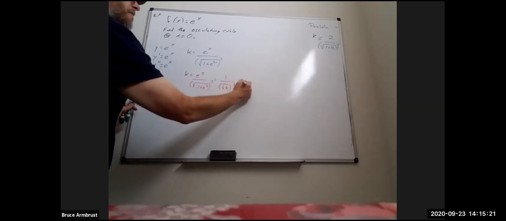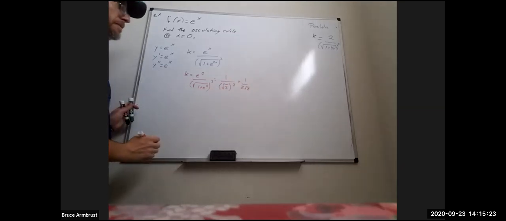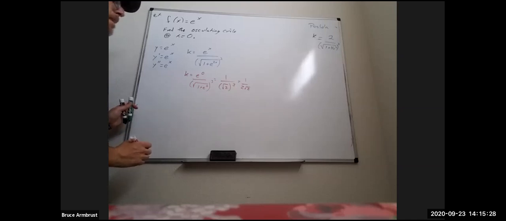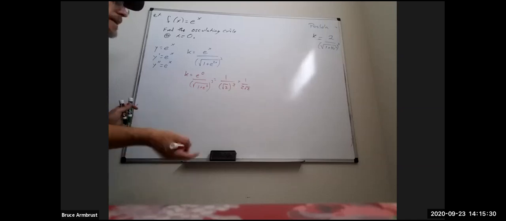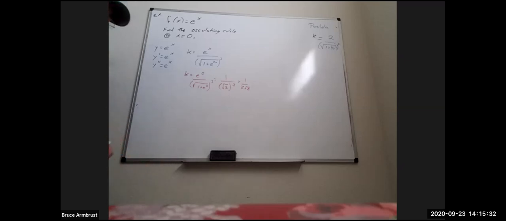So this is 1 over 2 root 2. And we can leave it like that. You could leave it as 1 over the square root of 8. You could rationalize it, root 2 over 4. I don't really care. It's all good. But that's our curvature.